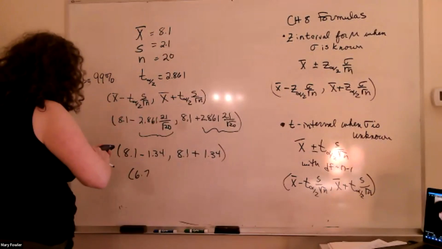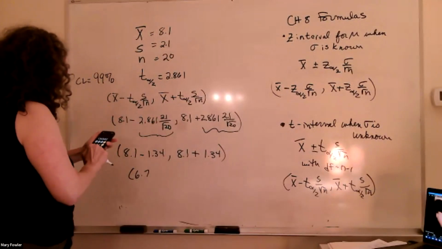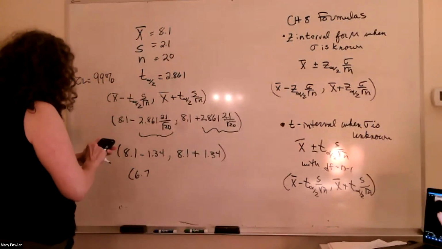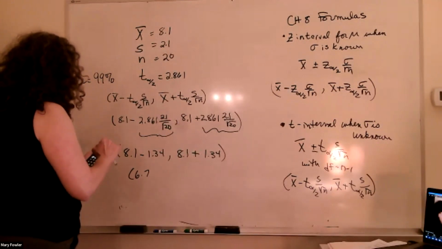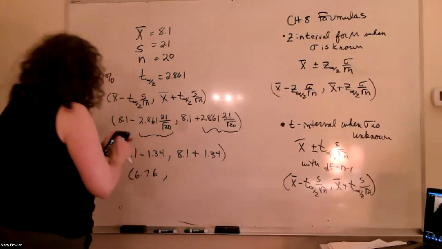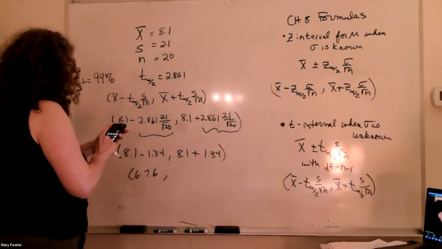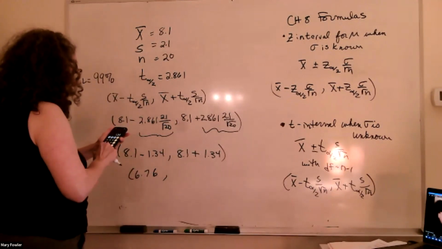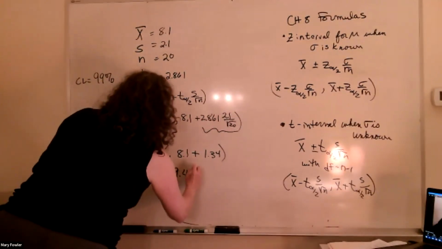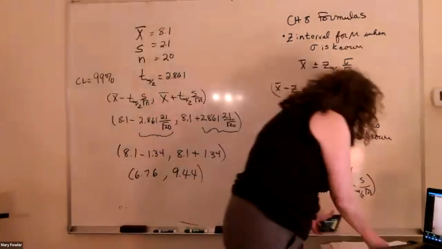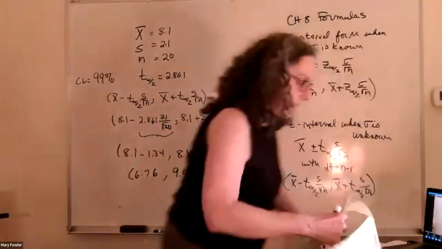Please work along. We all get the skills. I certainly need the practice always. 8.1 minus 1.34 is 6.76, and 8.1 plus 1.34 is 9.44. That's our lower and upper bound.